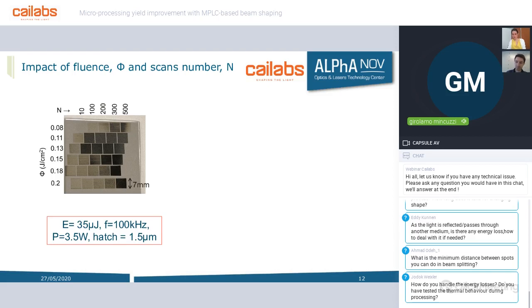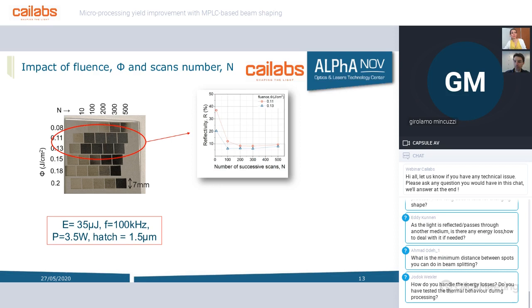During our test, we varied the fluence from 0.08 joule per square centimeter to 0.2 joule per square centimeter, and the number of successive passes from 10 to 500. We measured the reflectivity of the surface, because our target is to reach a reflectivity of less than 5%, meaning a deep black.